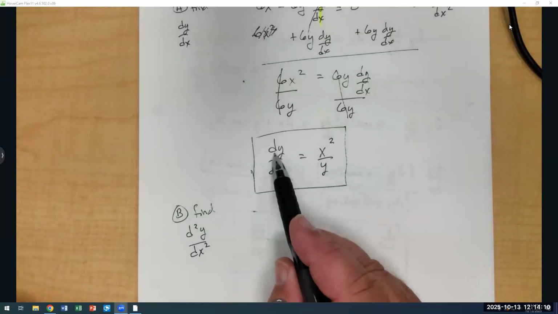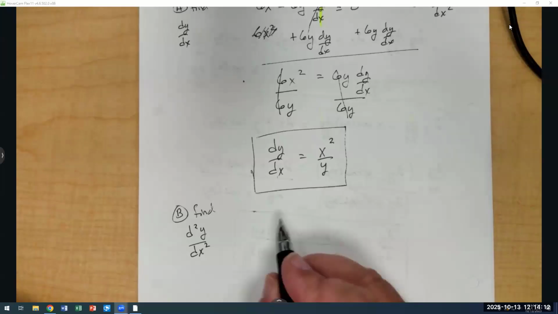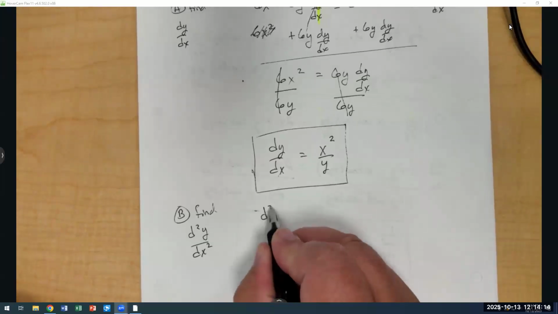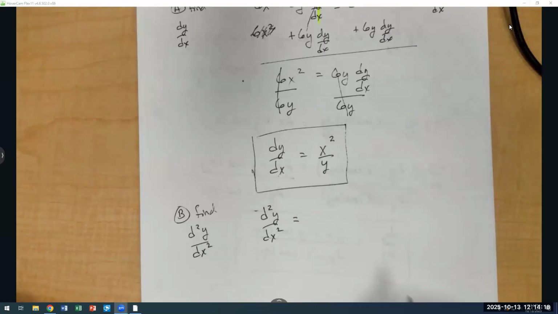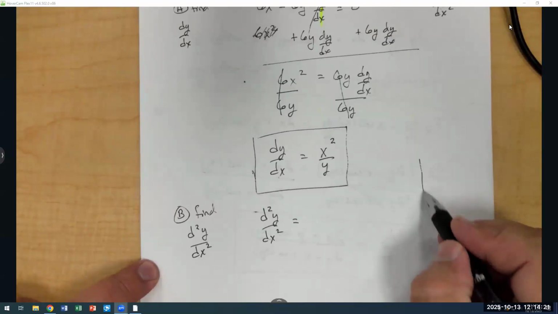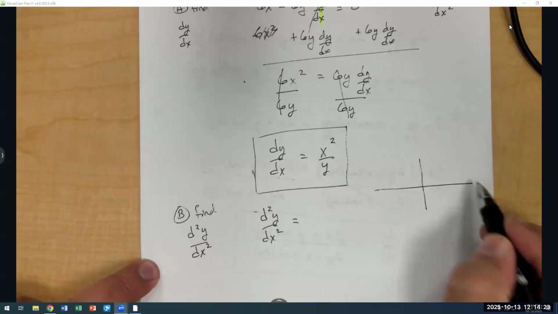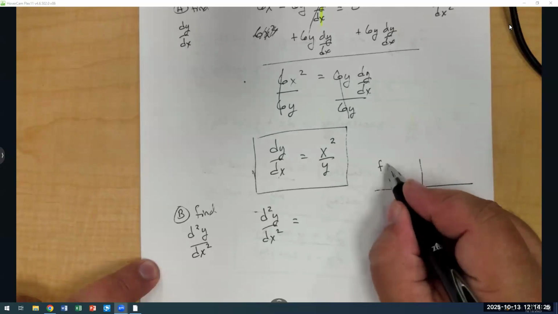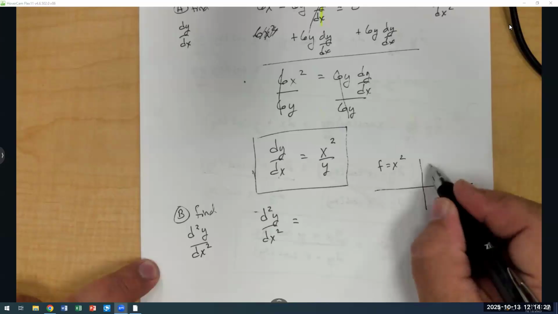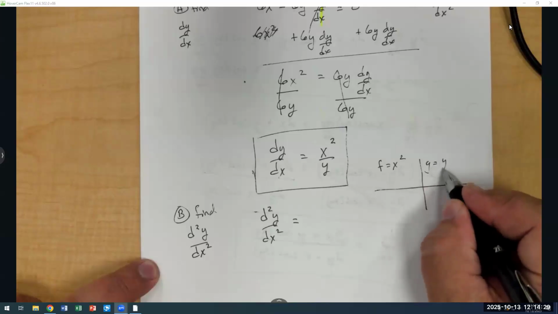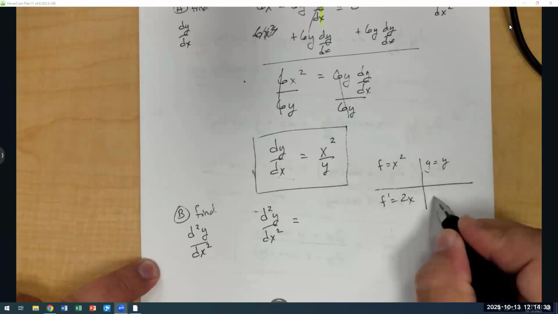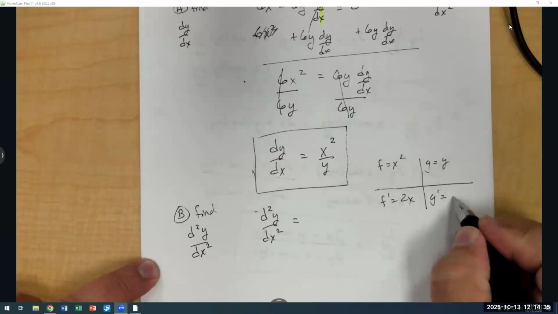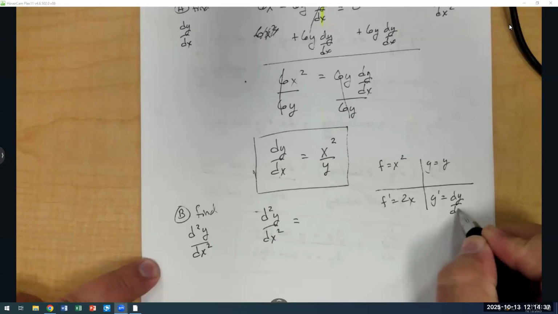So the derivative of dy/dx is d squared y/dx squared. Top is x squared, bottom is y. First derivative is 2x dy/dx.